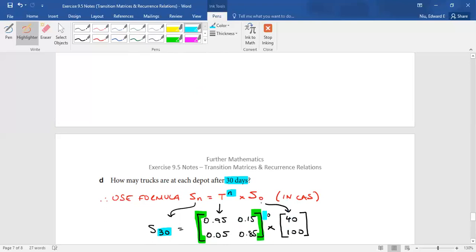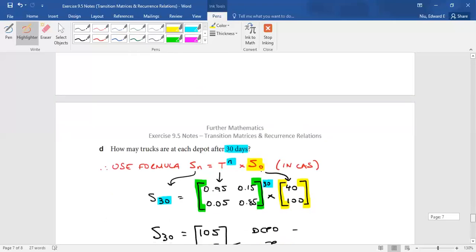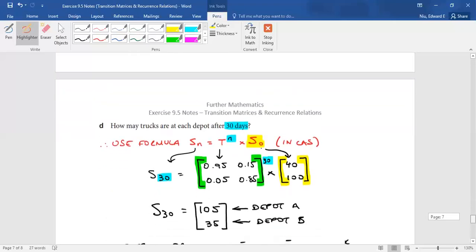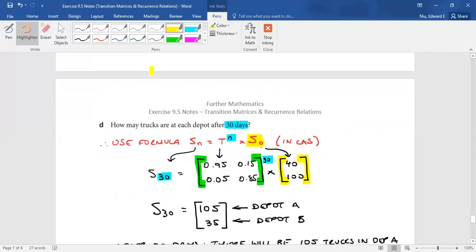And we know the S0 is also part of what was given at the start when they said there were 40 trucks initially in A and 100 trucks initially in B. And so you input that into your calculator to get 105 and 35.